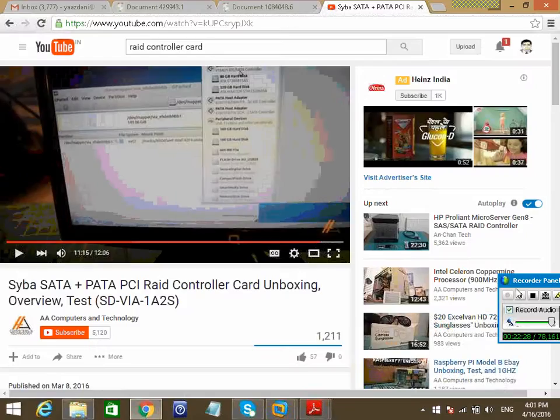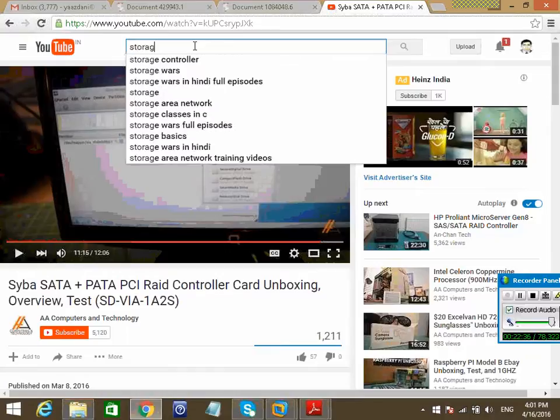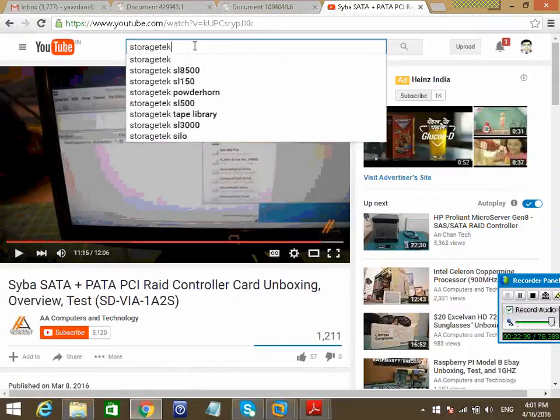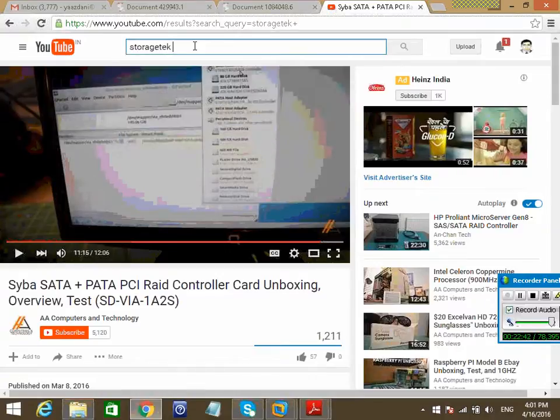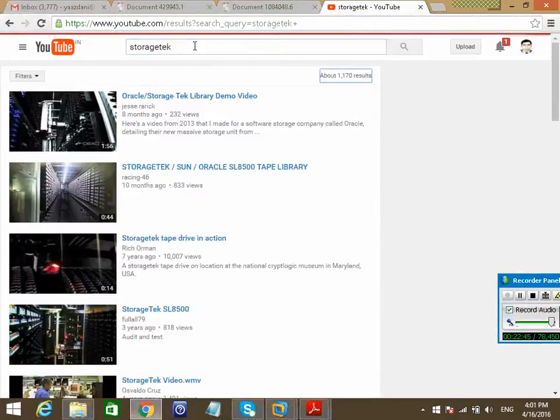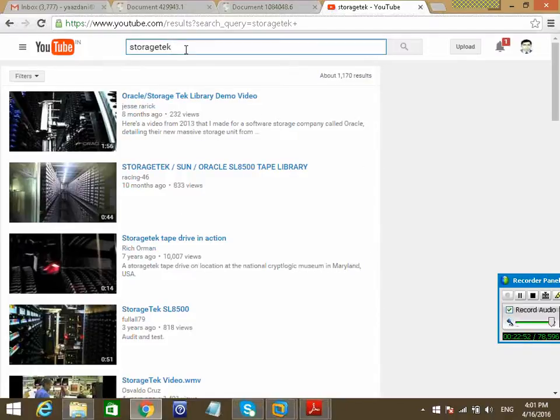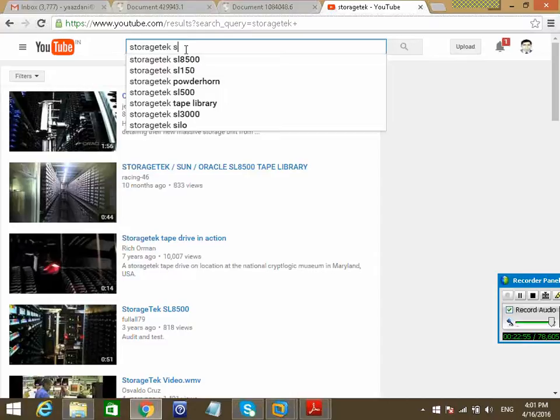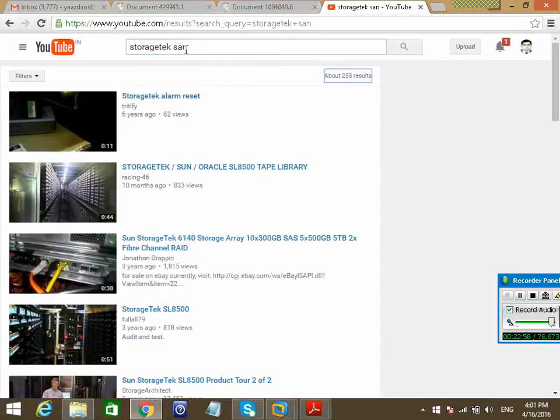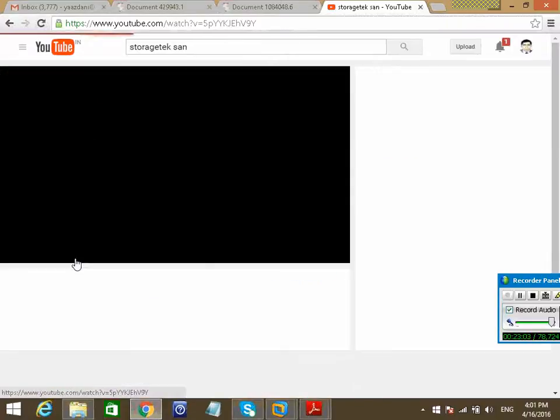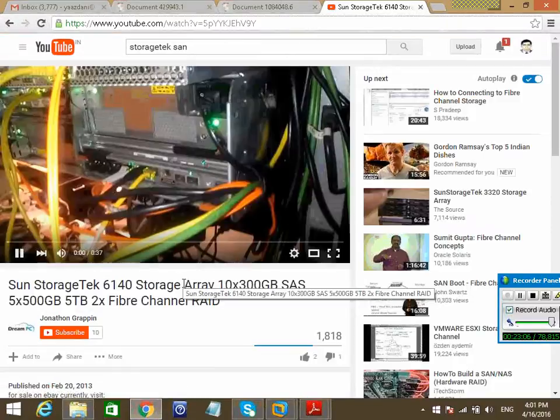Okay. We will also have a look at the SAN storage. So this is the hard disk, the storage that I worked on.